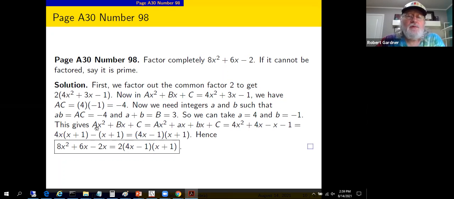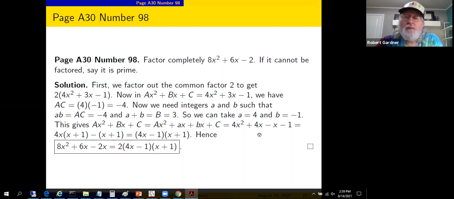So this gives the given polynomial with the capital letters, as we had in the notes, rewritten in terms of some of the lowercase letters. We've taken the B and split it into these two pieces. What we started with for this polynomial was 4x squared. We took the 3x and wrote it as plus 4x minus x, a and b. 4x minus x is indeed 3x.